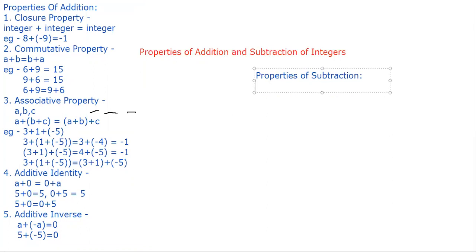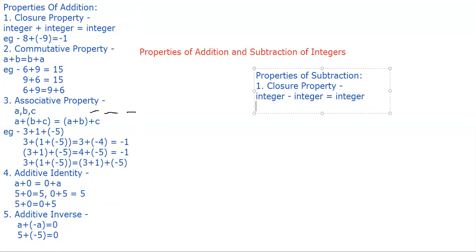Now comes the properties of subtraction. The first property is the closure property. So what is the closure property? We have learned it before also: an integer subtracted by an integer is always an integer.